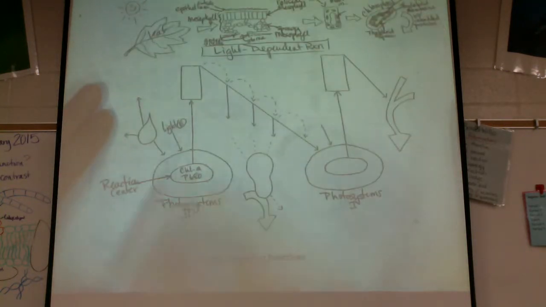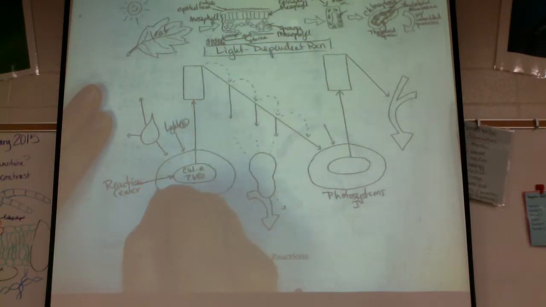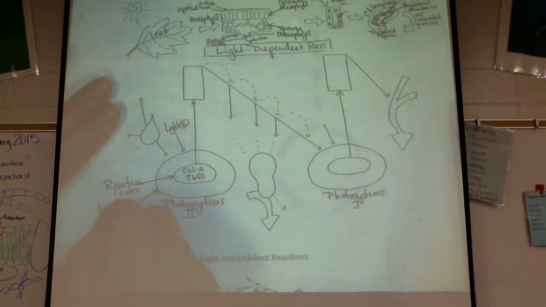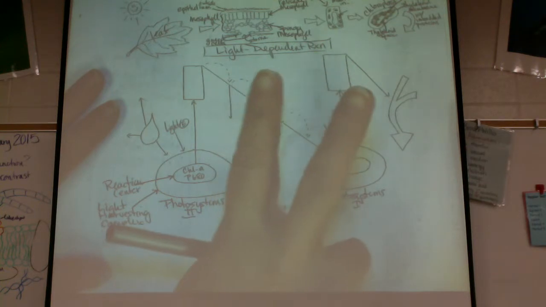Okay? Now, surrounding that, you have what's called the light harvesting complex. That light harvesting complex, because it's harvesting light too, that's the reason we call it that, okay, and it's complex because it has 2 different pigments to it, okay?